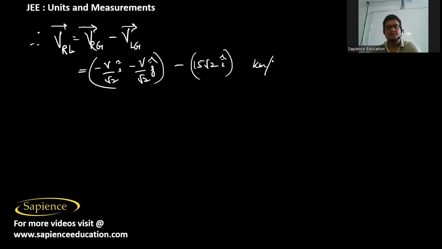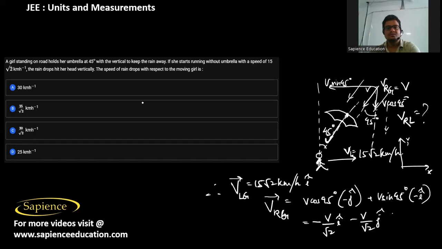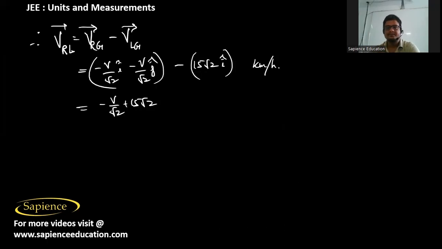It is in kilometer per hour. Now this will be equal to minus V by root 2 plus 15 root 2 i cap, then minus V by root 2 j cap kilometer per hour.